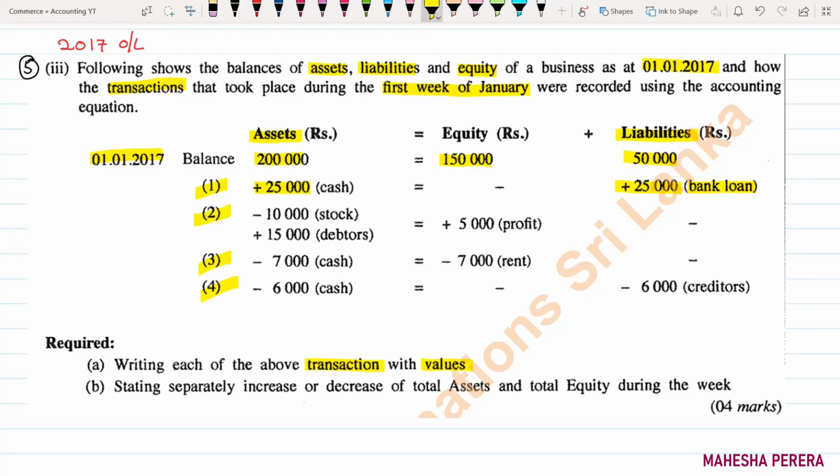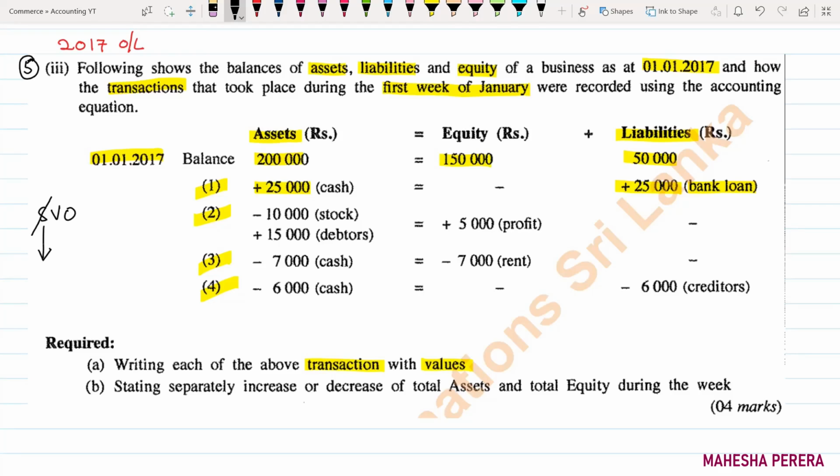So let's write this. Now, when you write the transaction, you can follow the SVO pattern, right? Normally, when it comes to writing transactions, we normally do not use the subject, but we do use on as the subject when it comes to capital introduction and drawings, right?